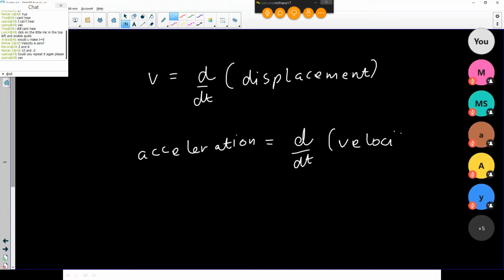So the gradient of the velocity-time graph gives me acceleration.